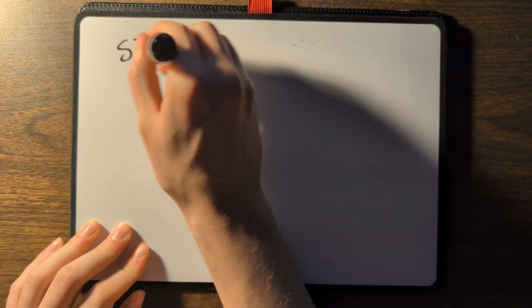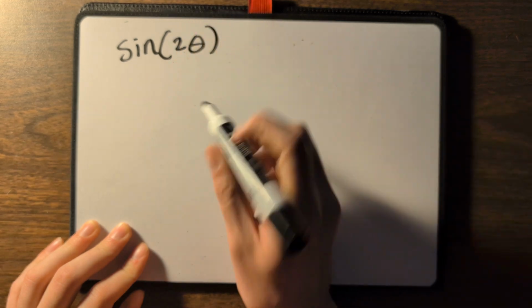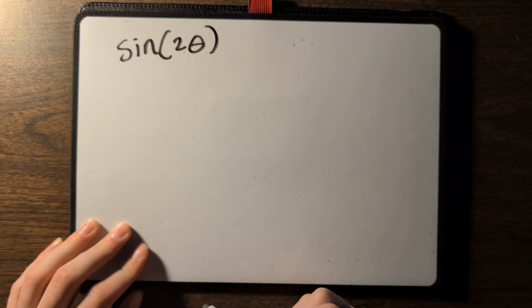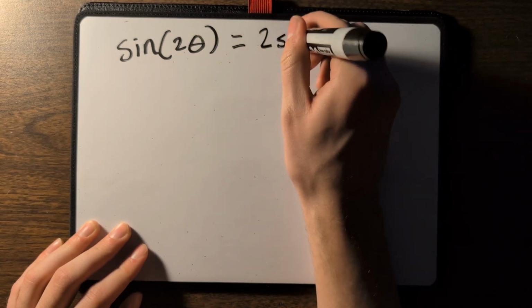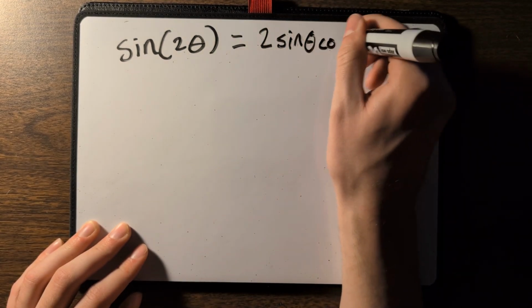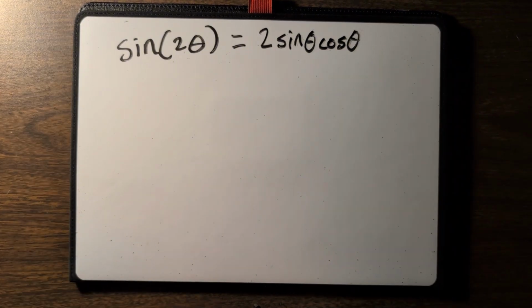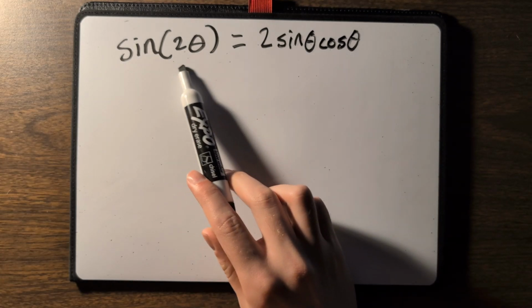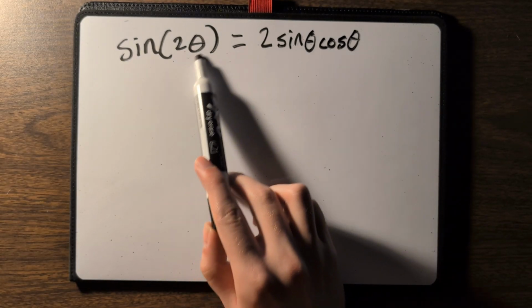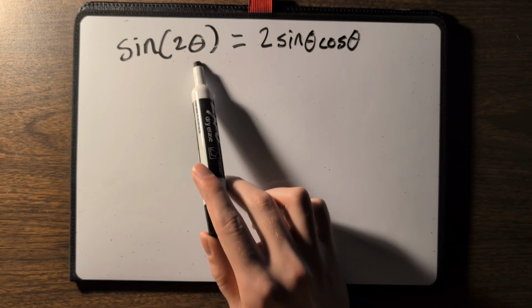And one last set of important identities is the double angle identities. So when we have our trig functions with these doubled angles inside, we can actually relate this to some single angles. Okay, this can be very helpful when evaluating functions, especially if we not necessarily know what our theta is.